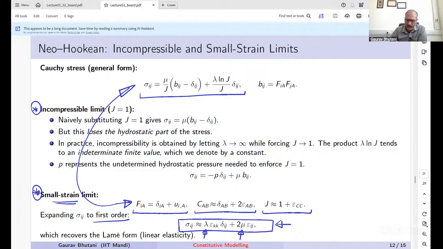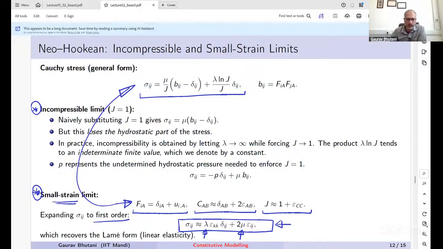So in the general form, we have sigma_ij is mu upon J times (b_ij minus delta_ij) plus lambda times the log of J upon J times delta_ij. Here b_ij is defined as F_iA times F_jA. That's basically F times F transpose.